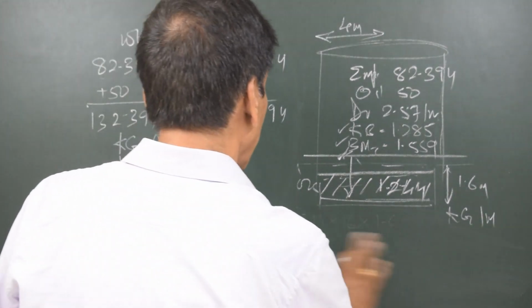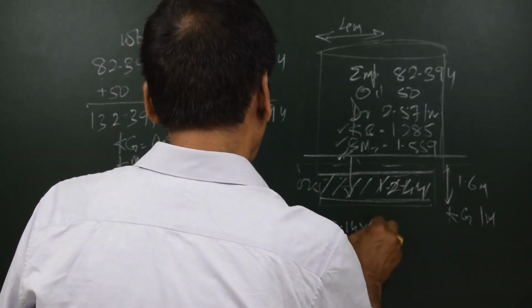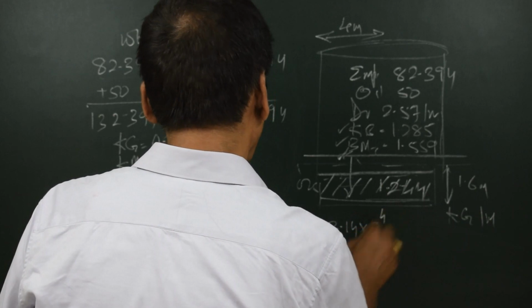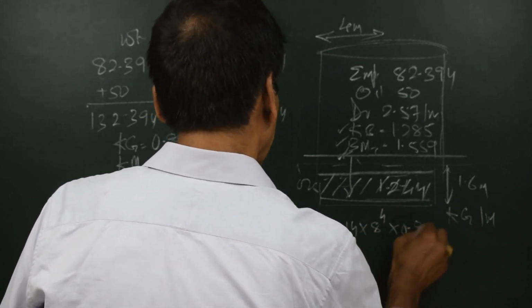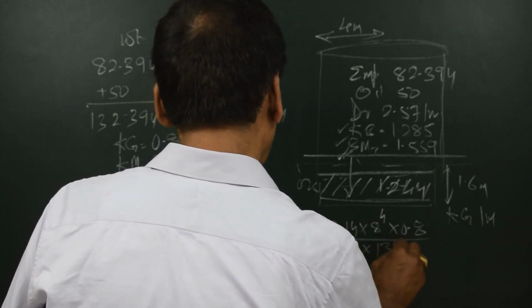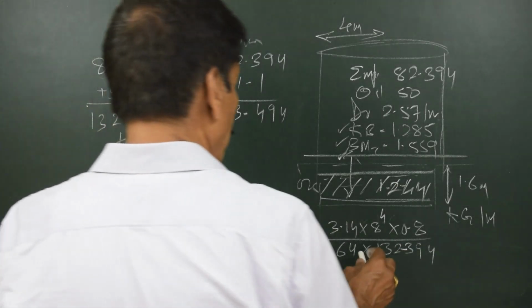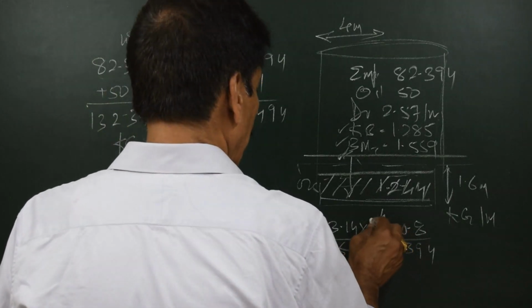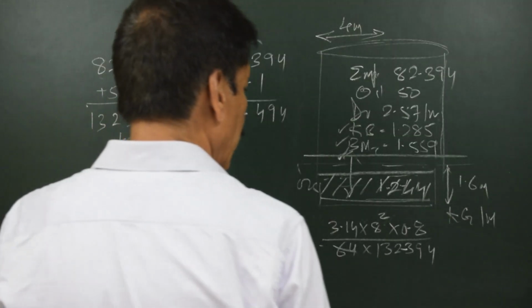So let us find out the free surface correction. It is 3.14 into 8 to the power 4, into 0.8 divided by 64 into 132.394. So 64 gets cancelled over here, makes it 8 to the power 2, right?